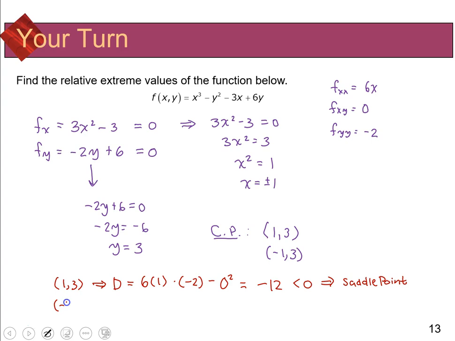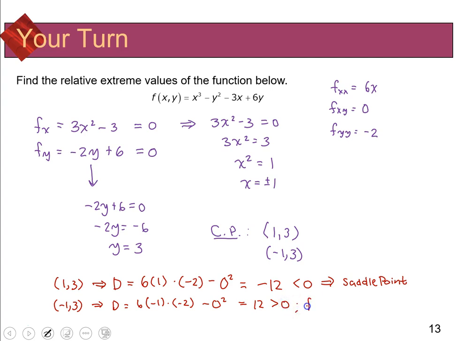At (negative 1, 3), I get the d value to be 6 times negative 1 times negative 2 minus 0 squared, which gives me a positive 12, which is greater than 0.